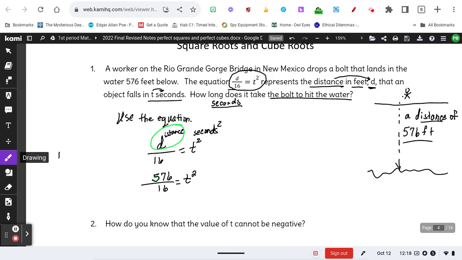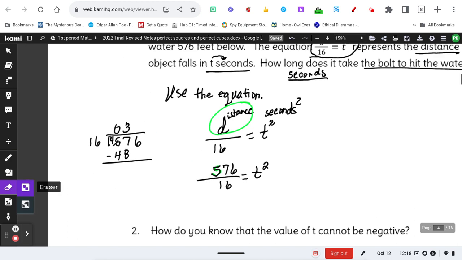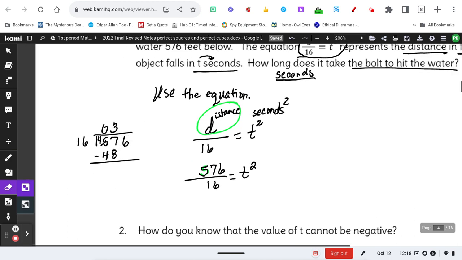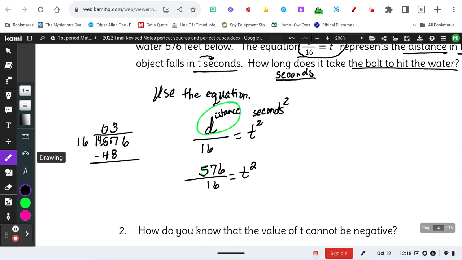All right, so let's take 16 and see how many times it goes into 576. 16 won't go into 5, but 16 will go into 57 3 times, that's 48. 57 minus 48 is 9, and then bring this down. 16 goes into 96 6 times.